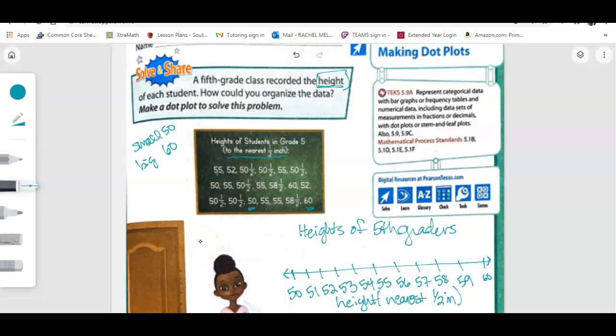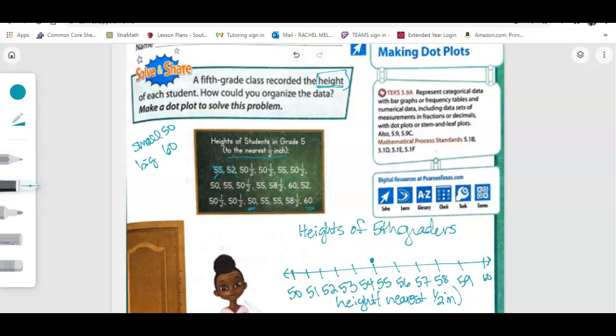Okay, so now what I want to do is take each of these numbers and put a dot on my dot plot. The best way to do that is when you take a number from the data set and put it on there, you cross it off. So I'm taking this 55 and I put it right here. And it's gone, and now I know I used it.